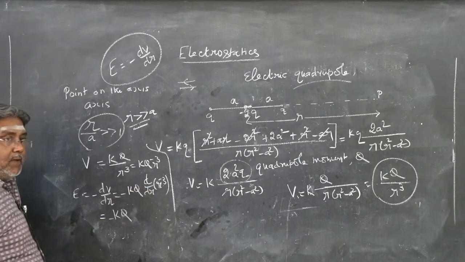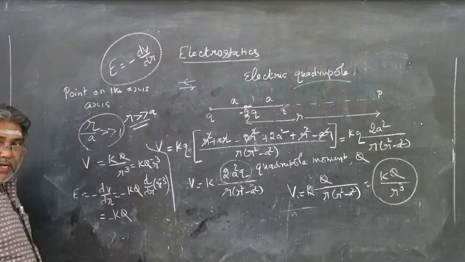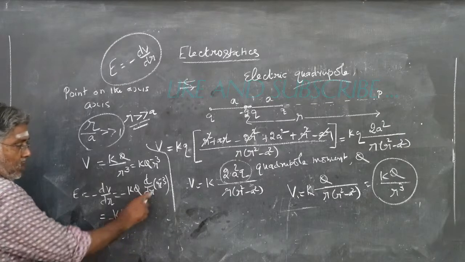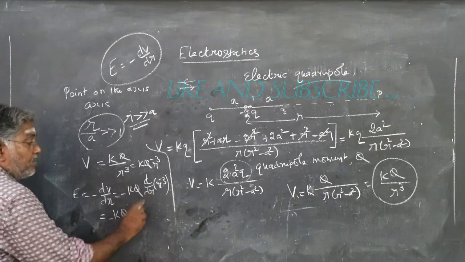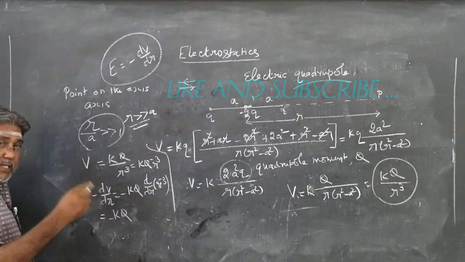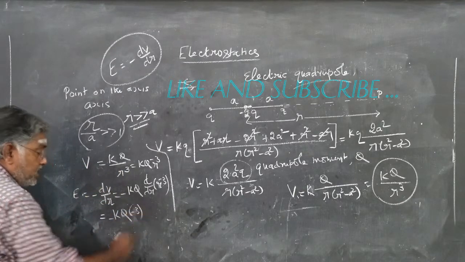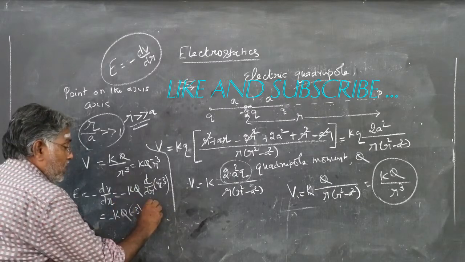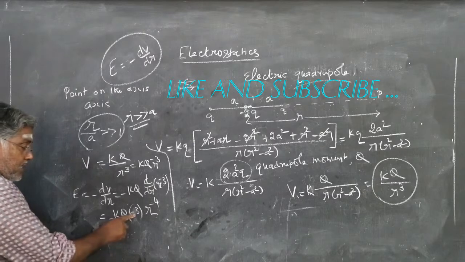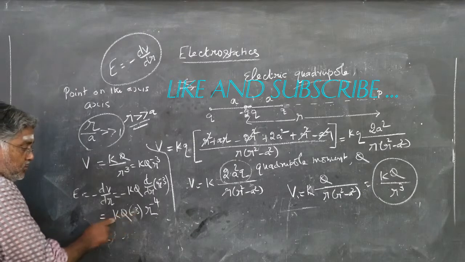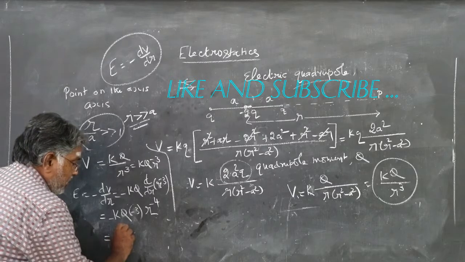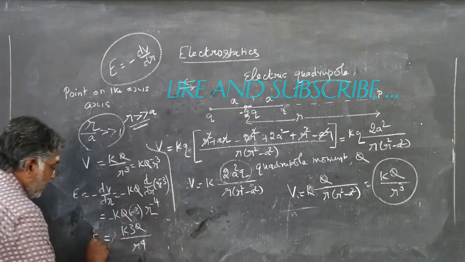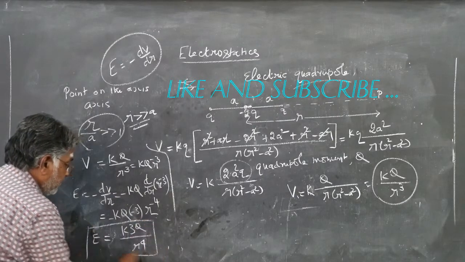Differentiation of x power n is n into x power n minus 1, so n into minus 3 into r power minus 4. So minus 3 and the minus symbol, two negatives, will become plus. So 3kQ by r power 4 is the numerical value of the electric field.